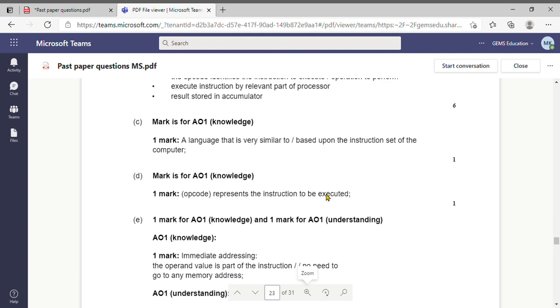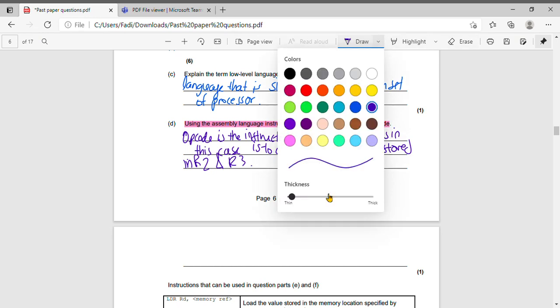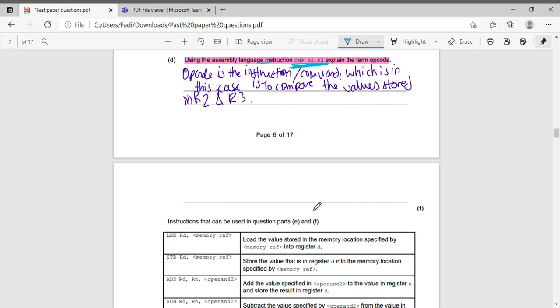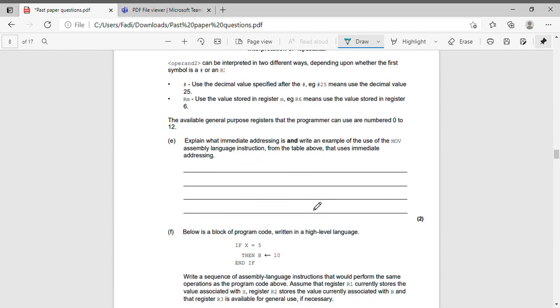Hold on a second. So part B represents the instruction to be executed. Okay. I'm not sure why this wasn't mentioned in the mark scheme, but either way, let's carry on. Okay.